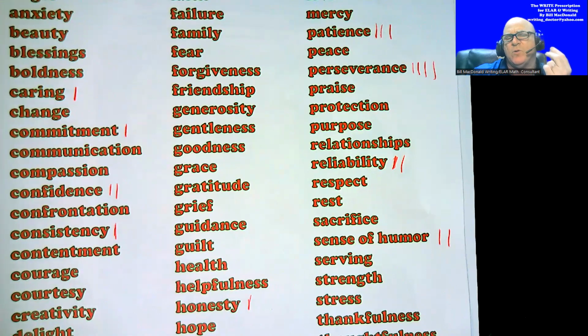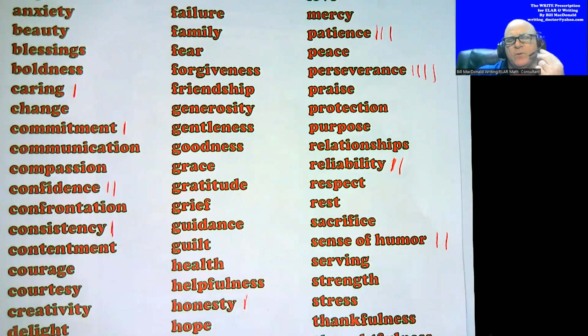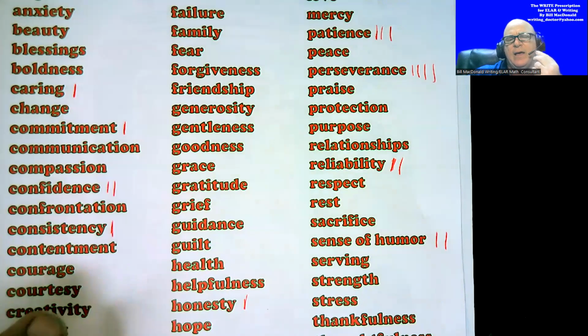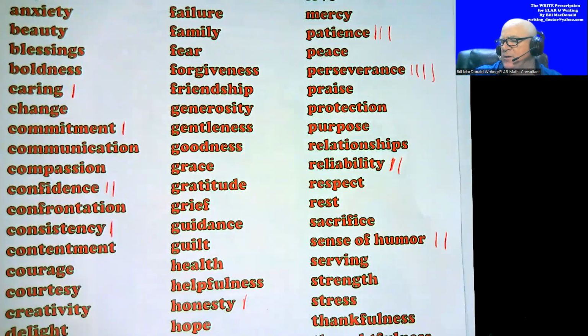I asked what your best quality is, and so all of these are considered positive character traits that hopefully all of us would strive for. And then I made a page two with another column, which you shared with me, and then I had two blanks on the second and third column.